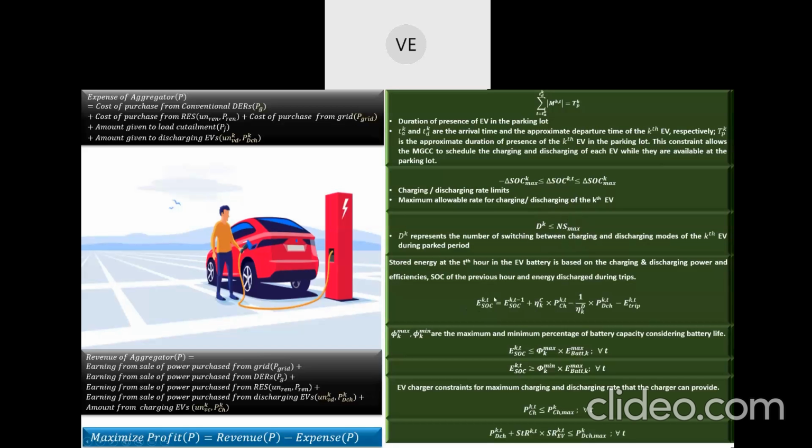Now, the stored energy of the kth electric vehicle at time t, based on SOC, depends on the energy corresponding to the state of charge of the previous hour. This is t-1, right? In the previous hour, it might have been in charging mode or discharging mode.